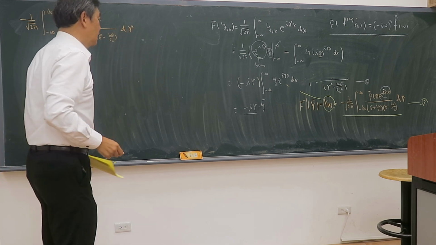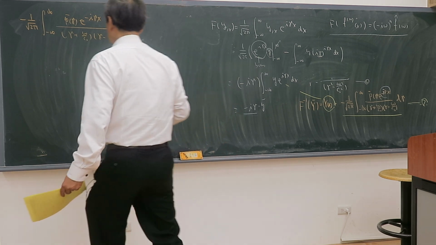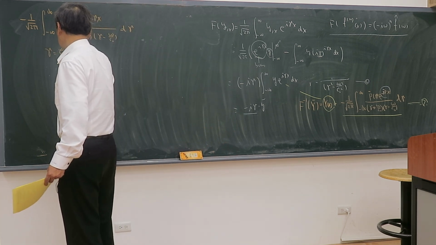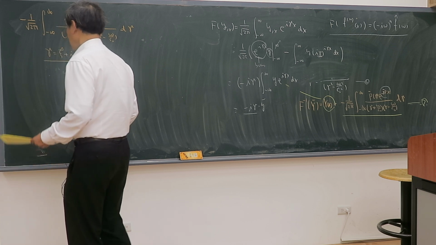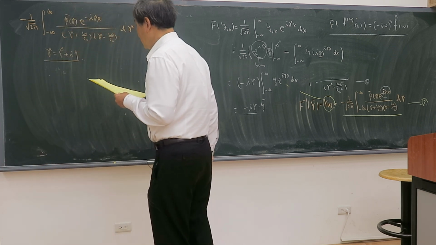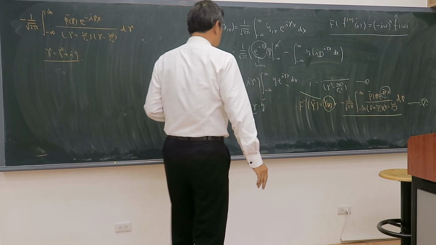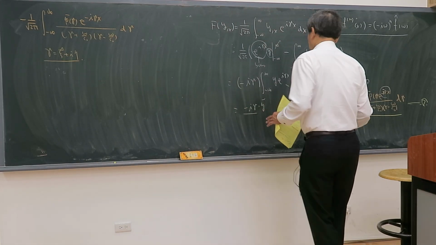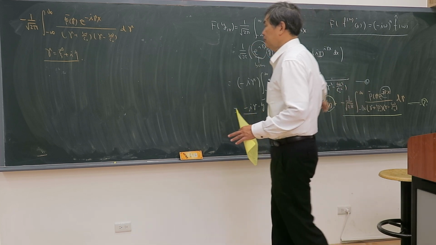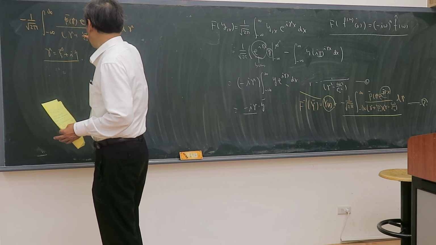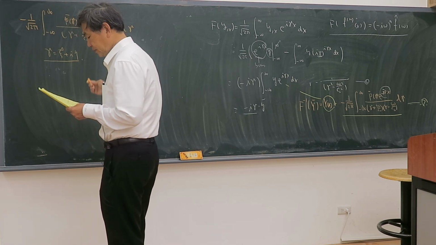Then gamma is xi plus i eta in the complex plane. And the integral actually is for minus infinity to positive infinity on the real axis. So if gamma is a real number.